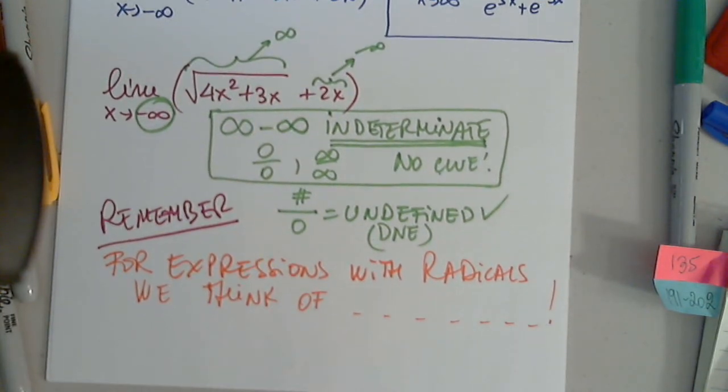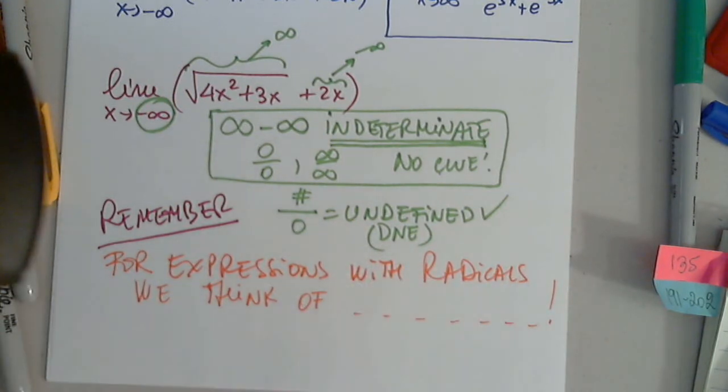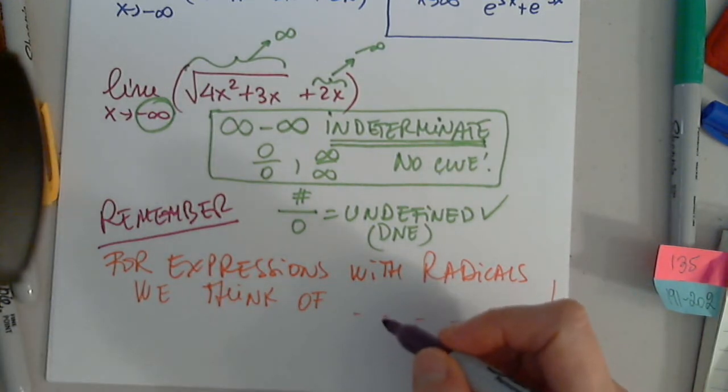Anyone? Was it the possibility of it being 0 over 0? You have an idea, but so then what do I have to do then? I think you're on the right track.